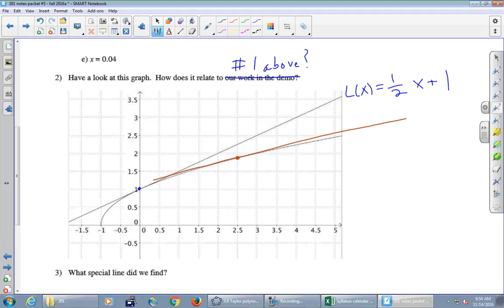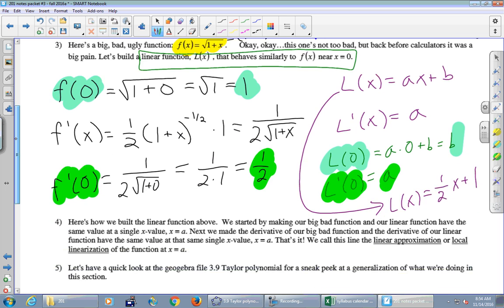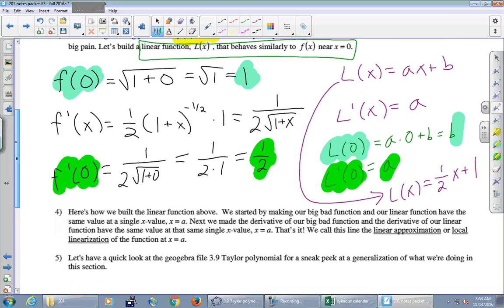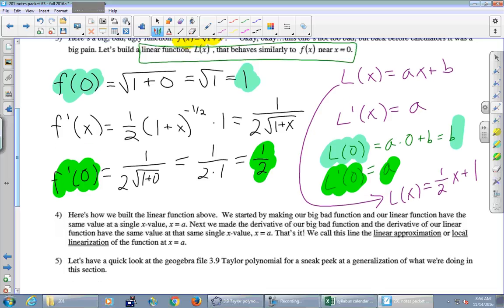2.5 becomes the b and the f prime. So things became a little bit easier for us just because we happened to do 0. If we were to do 2.5, so we just made up a number here, when we plugged 0 in, when we did L of 0, what did we get?